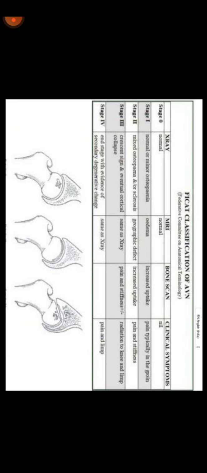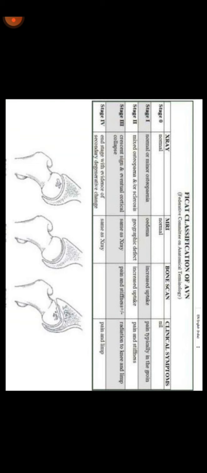Pain is there every time. It may increase with exertion, but without exertion also there is pain. In the early stage, x-rays are always normal, but MRI can show some edema, and that's it.